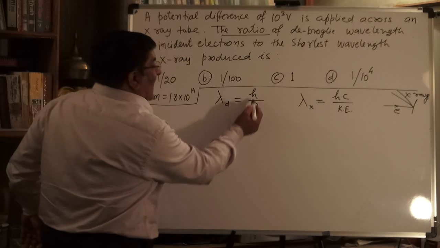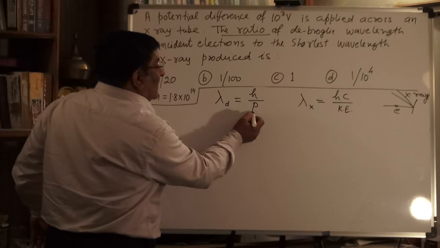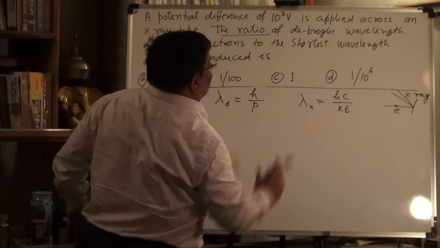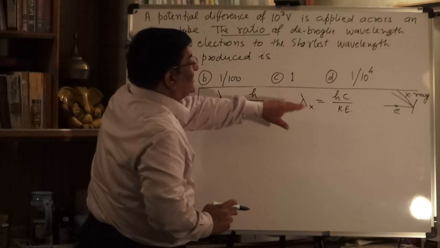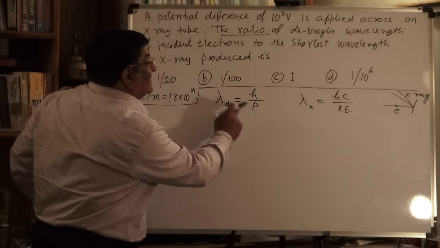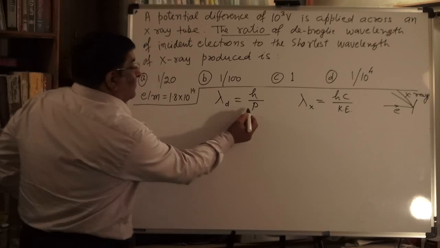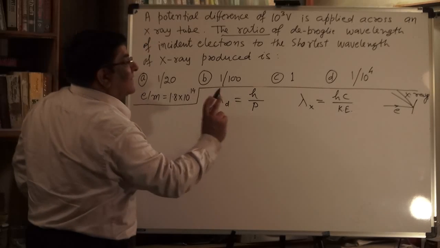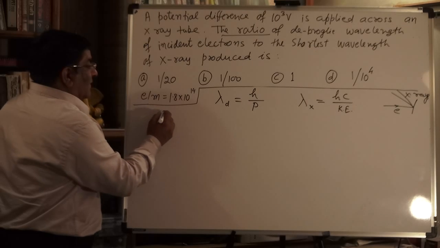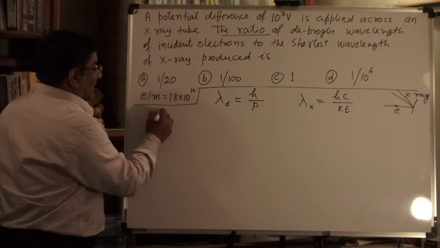Okay, let's convert them. h upon p. Now for p, here it is KE, kinetic energy. Kinetic energy is equal to potential energy for any electron. P has a relation with kinetic energy, which we know very well.